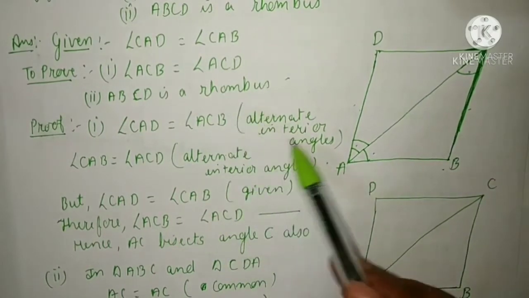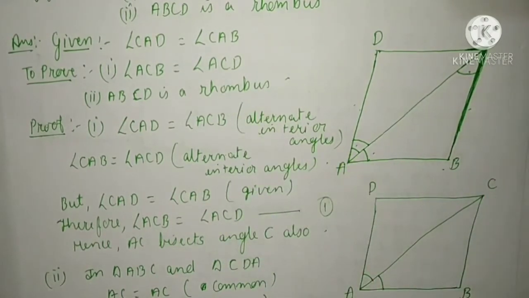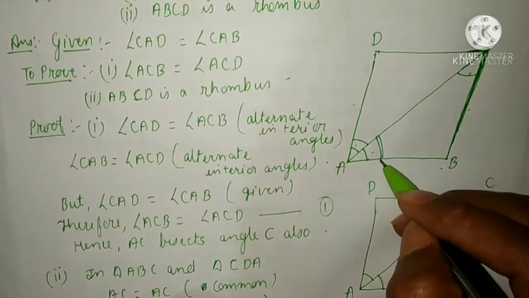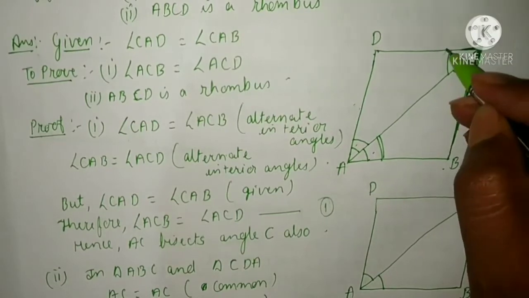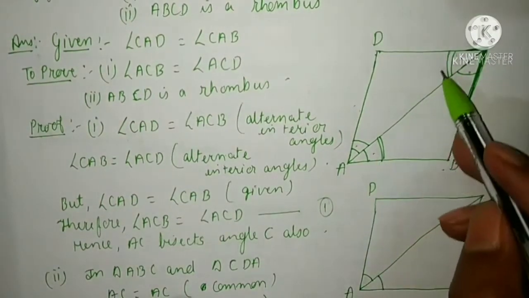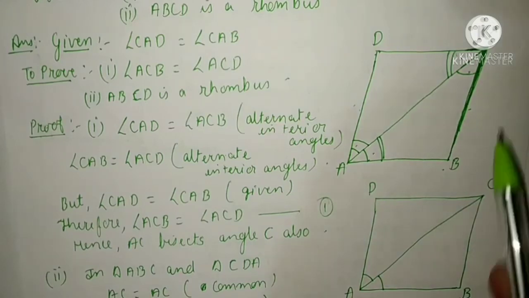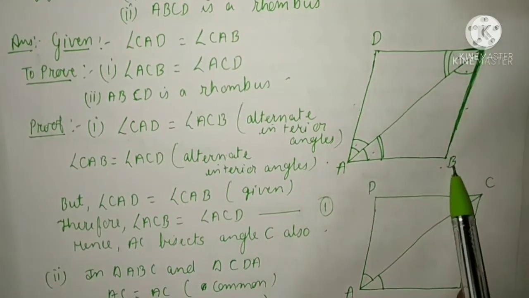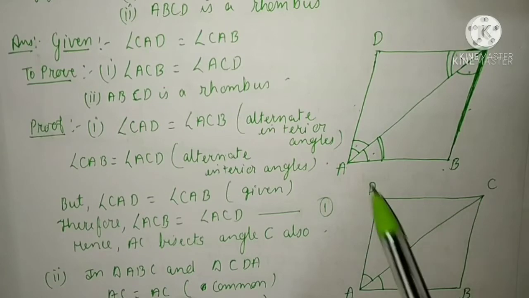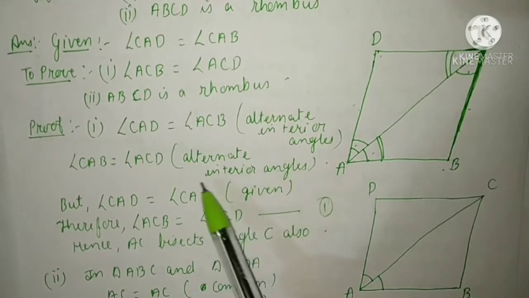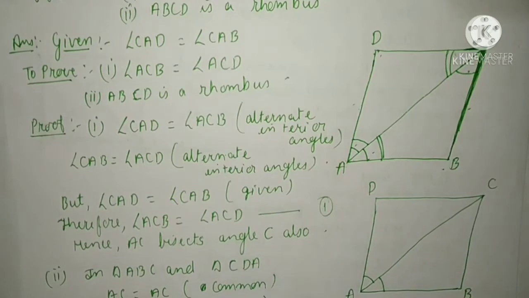And similarly, this angle is equals to this angle, because these two angles are also alternate interior angles. So we can write angle CAB is equals to angle ACD.